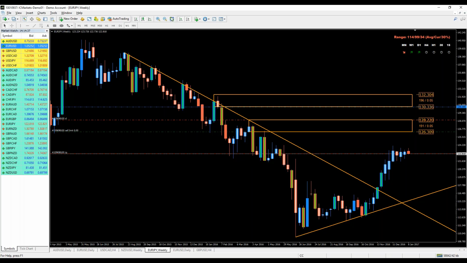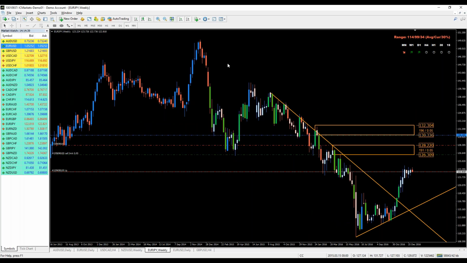And target-wise, where would you want to take profit? Well, if you look at where price is now, you can see that we have this price imbalance from the bottom here, and it's moving higher, and we're expecting some kind of a reaction here.